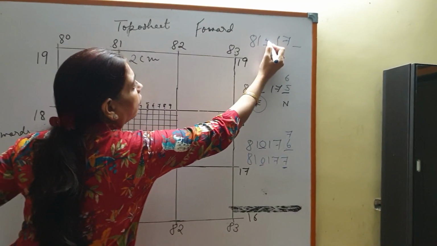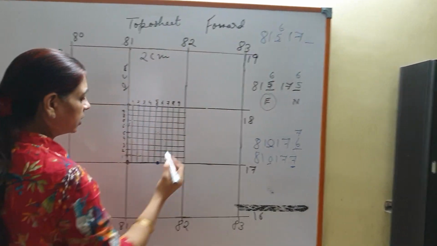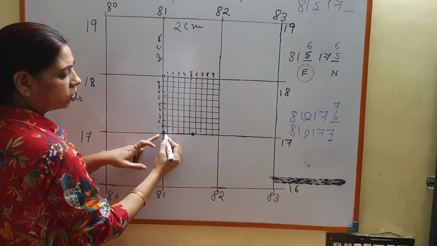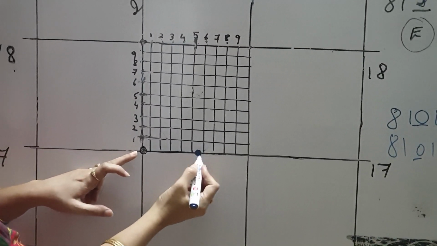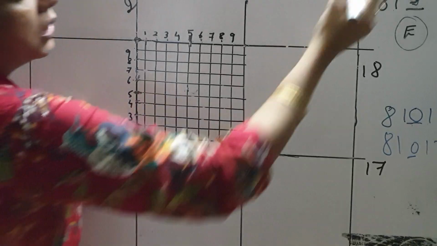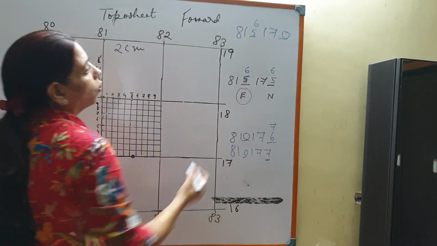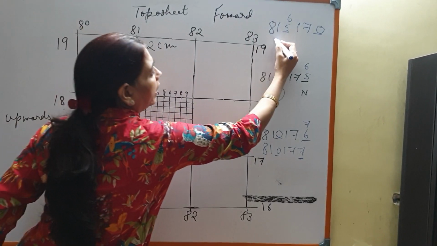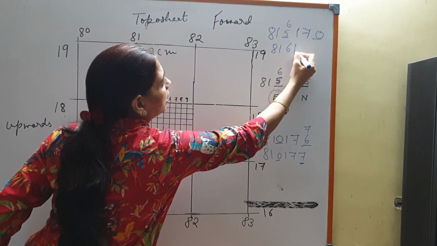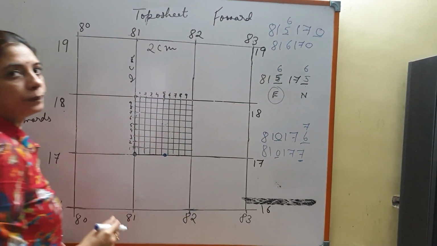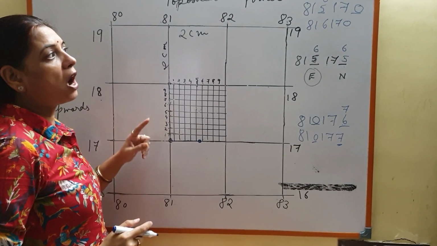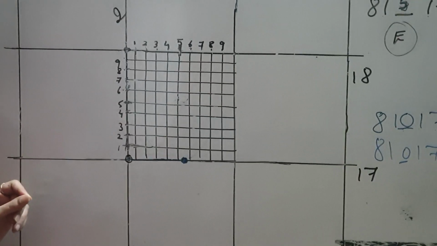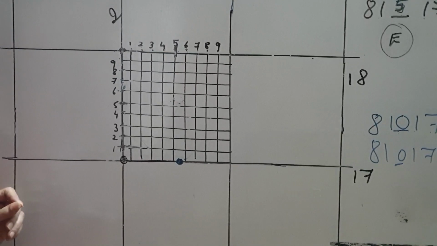So you will write here 5 and you will write here 6, and the northing value, it is on the line, on the northing, on the red line that's there on the topo sheet. So this 6th value will be 0. So the second answer will be 816170. Okay, clear, children? So this is the way how you are going to find out the 6-figure grid. Okay, thank you.